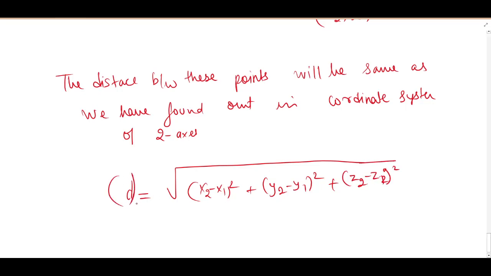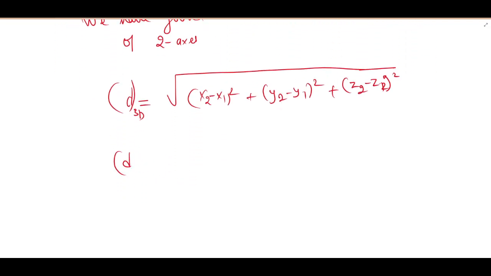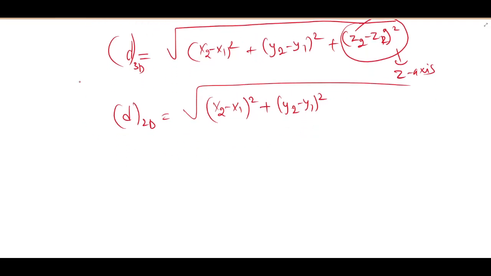So this is the distance in 3D, and the distance in 2D is the square root of x2 minus x1 whole square plus y2 minus y1 whole square. So the only difference is the third coordinate, that is the z-axis. So this was about how to find the distance between two points in three-dimensional space.